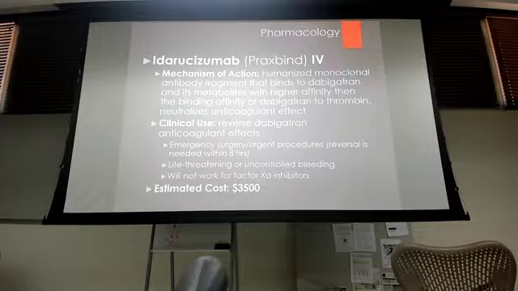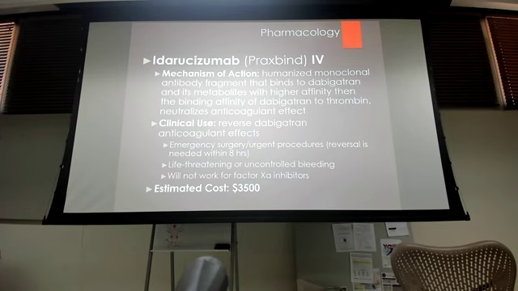It works immediately. It's life-saving if you have life-threatening bleeding, urgent surgery, or uncontrolled dabigatran-associated hemorrhage. When I say urgent surgery, your patient's on dabigatran and they have to have an emergency surgery. You can give it IV, it acts immediately, and then they're safe to proceed to surgery.